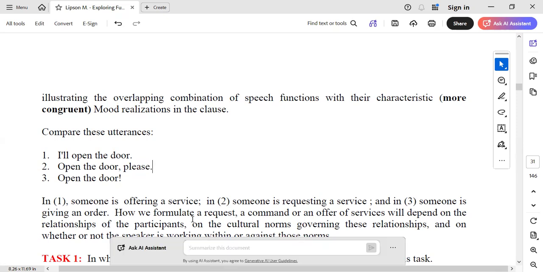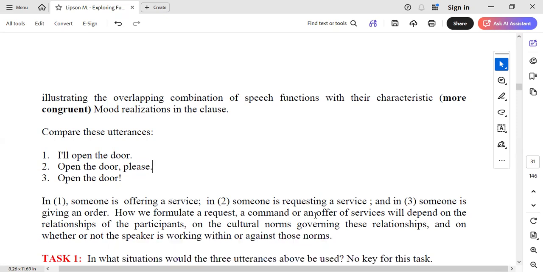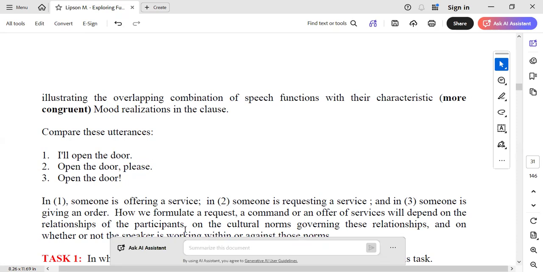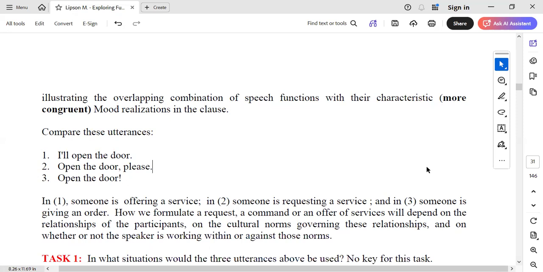How we formulate a request, command or offer of service depends on the relationship of the participants or on the cultural norms governing these relationships. As I told you, if your teacher is going outside carrying a lot of stuff in both hands and you say "I'll open the door", the context is shaping your choice of this sentence.